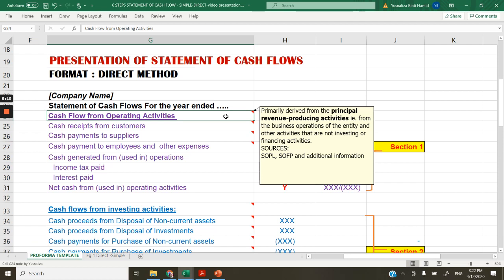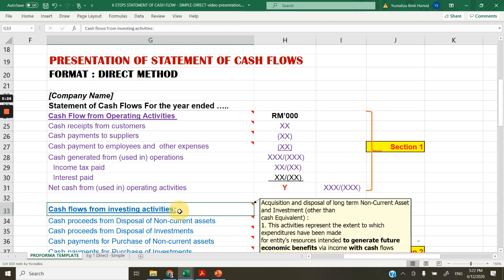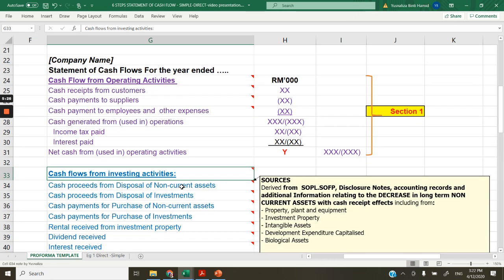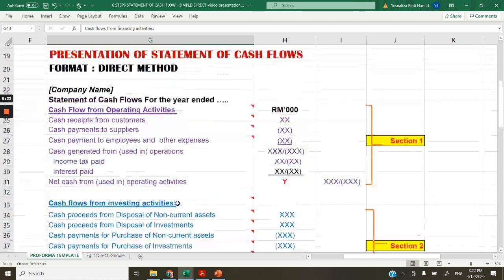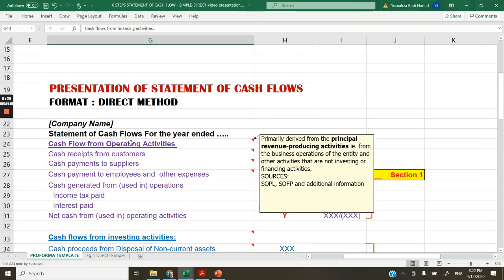So I'm going to skip section 1 by going to section 2 first and section 3. Whatever activities do not fit under section 2, which is investing activities, and section 3, which is the financing activities, will then be included in the cash flow from operating activities.